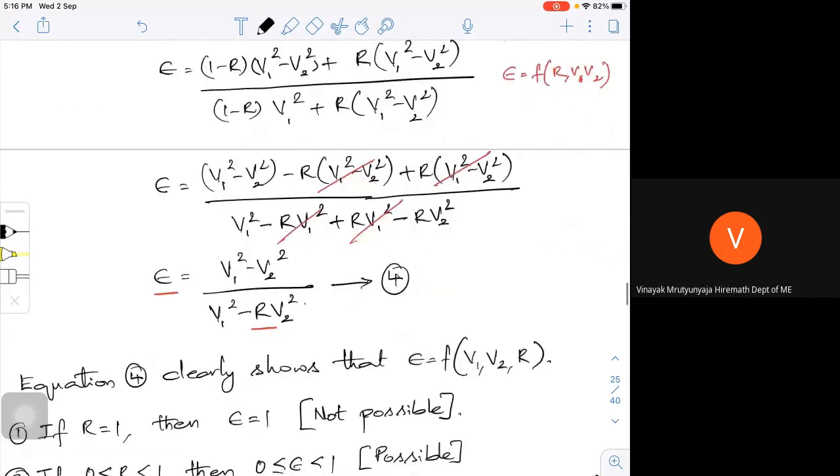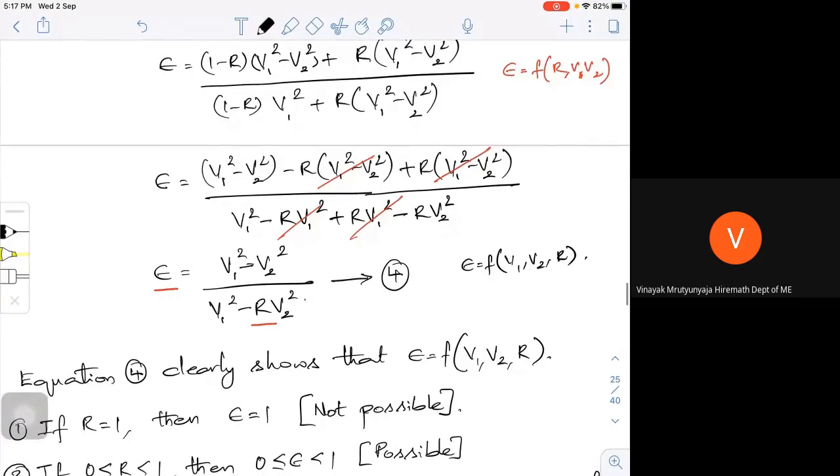You will be getting the epsilon as a function of your V1, V2 and R. So, expressing the utilization factor as a function of both the absolute velocity components and R. You be very clear with this: V1 square minus V2 square divided by V1 square minus R into V2 square.